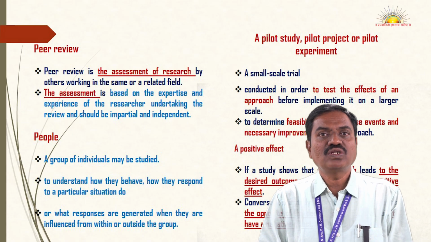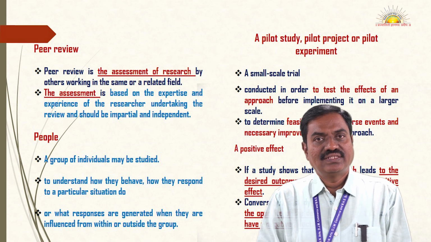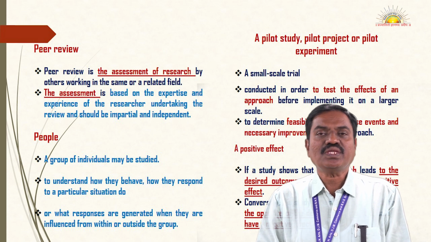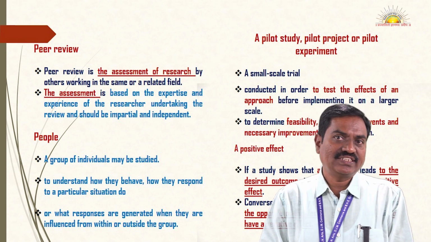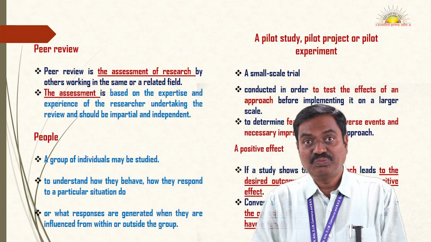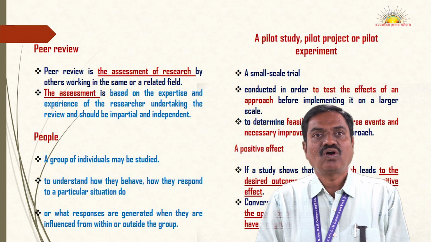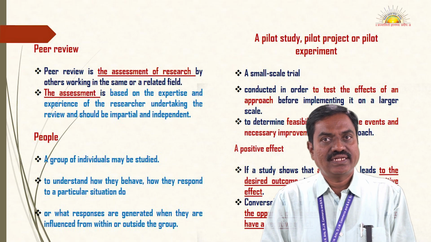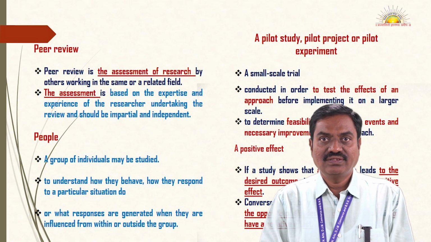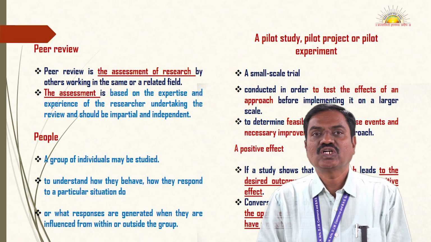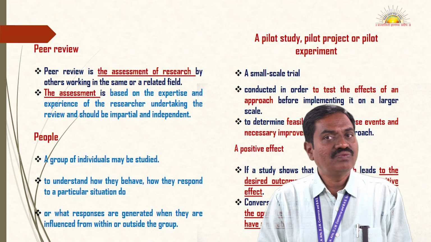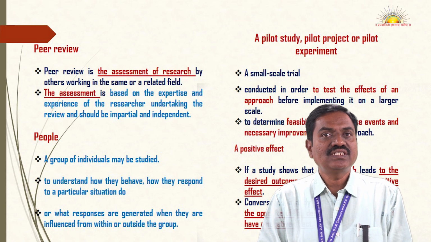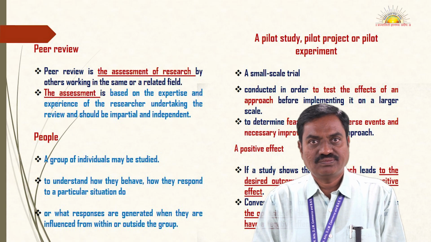It is a small scale trial that is conducted in order to test the effects of an approach before implementing it on a larger scale. A pilot project can also help to determine feasibility, cost, adverse events, and necessary improvements to the approach.